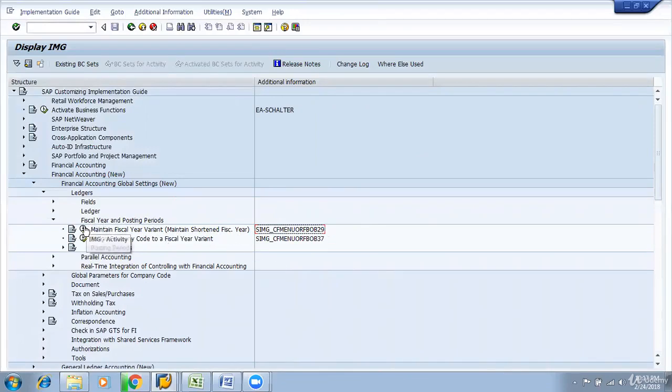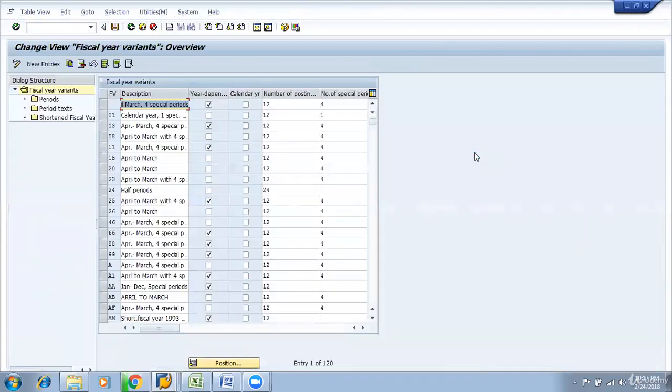Let's go inside using the execute button. I go inside and see that there are 120 entries here. Doesn't matter, we create our own because we are setting up a company code from scratch so that you learn better. As usual, how do we create a new entry here?